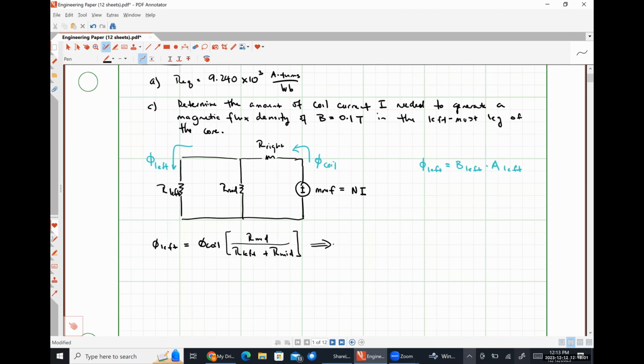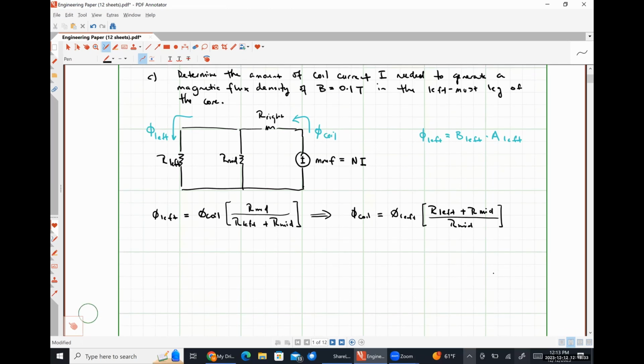And turning this guy around, we can then say that our coil flux is phi left times the reluctance of the left branch plus the reluctance of the middle branch, divided by the reluctance of the middle branch, right? So that gave us our coil flux.